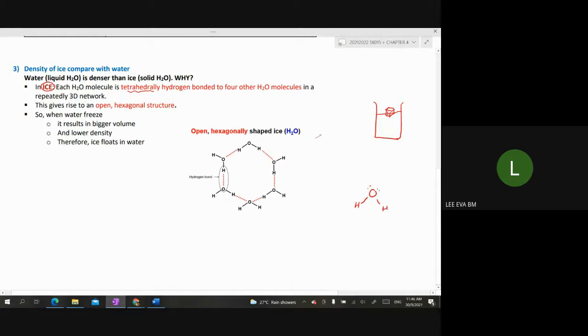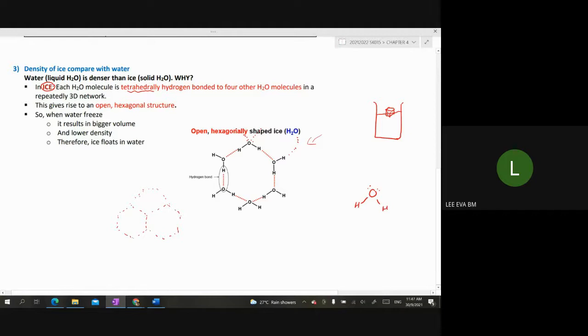So showing over here, this is the tetrahedral hydrogen bond. So if you focus on the first H2O madam showing, this will connect to another hexagon. So this one will connect to another hexagon. So until one point, when they are all making one bond, you will see the hexagon occur inside your ice crystal.